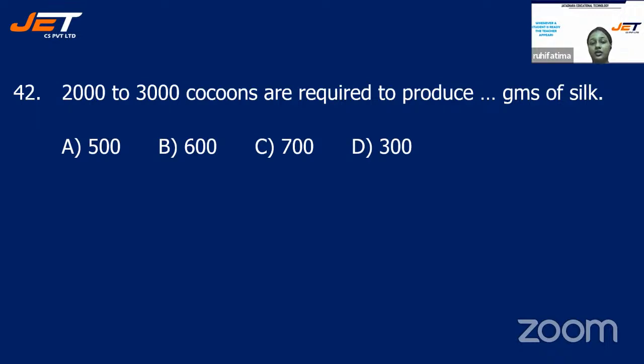Okay, students, and the correct answer is 500. Can you imagine that 2,000 to 3,000 cocoons are used to produce only 500 grams of silk? That's why silk is very costly, right?